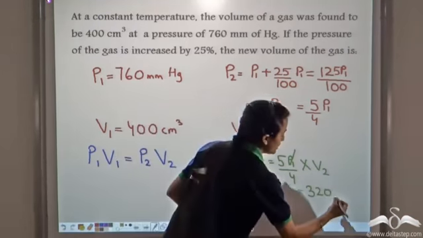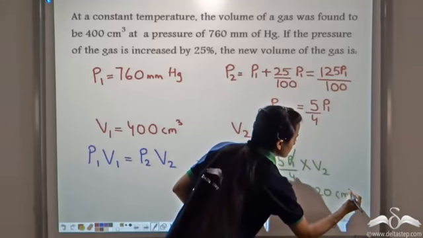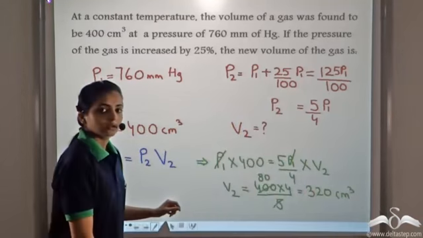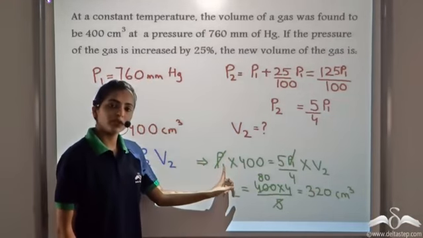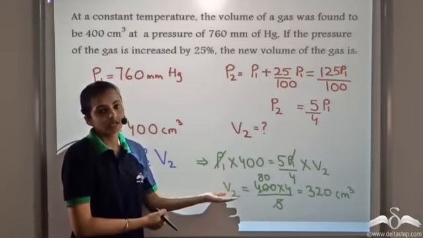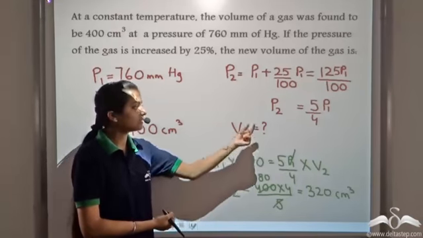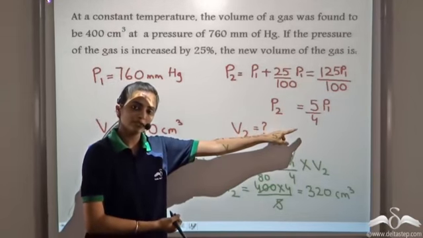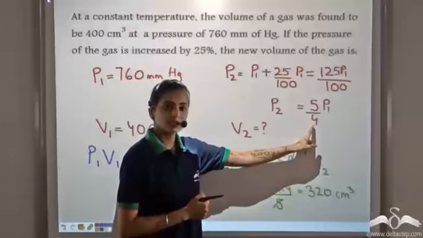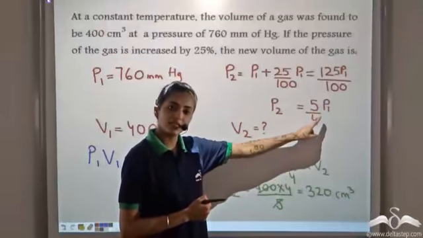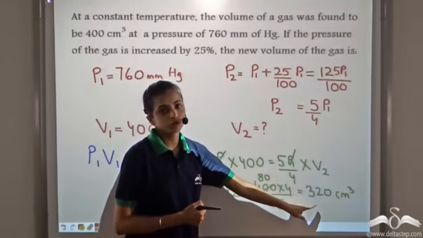So we get 320 centimeter cube. Had we substituted the 760 instead of P1, we would have just increased the calculations. So we let the values remain in terms of P1. So what do you observe here? As the pressure increases, so the final pressure has increased, so the final volume decreases.